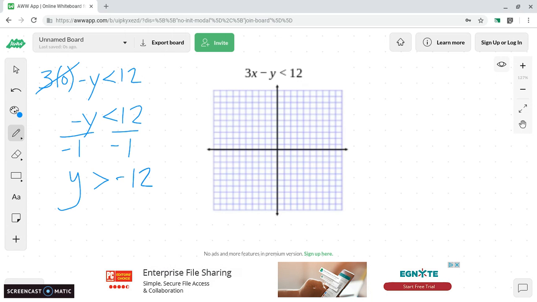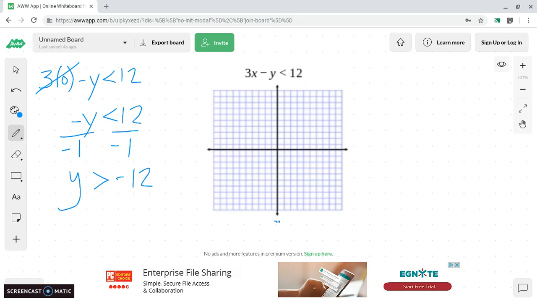And so we want to put a point on our y-axis at -12. So our graph only goes to -10, but because -12 is so close, we can kind of estimate where it would be. So probably about right there.